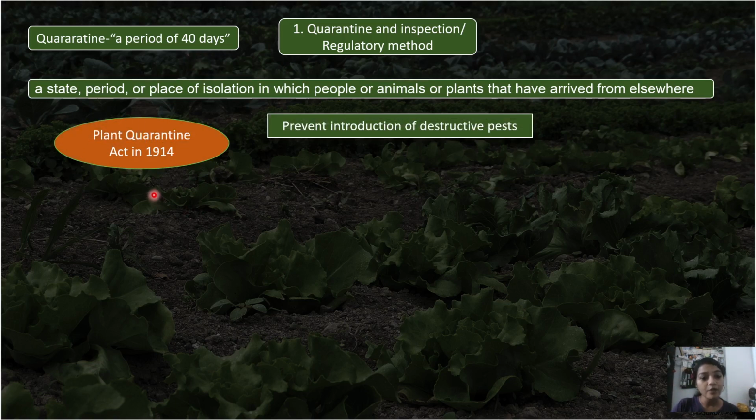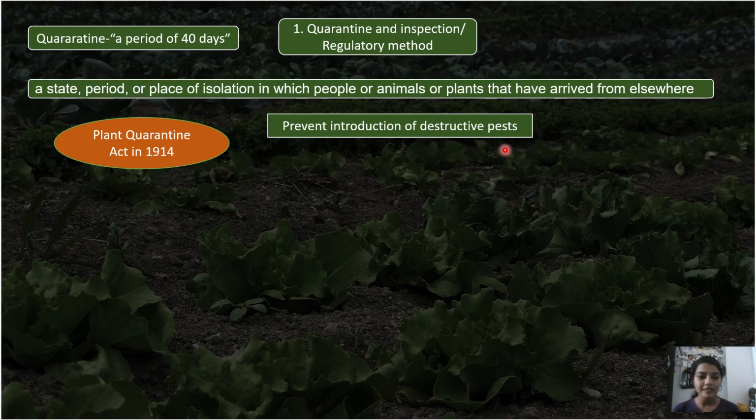So likewise, the Plant Quarantine Act was introduced in 1914 in India, right? This act was implemented to stop diseases from entering the country from outside, right? The Plant Quarantine Act helps in preventing the introduction of destructive pests, right?